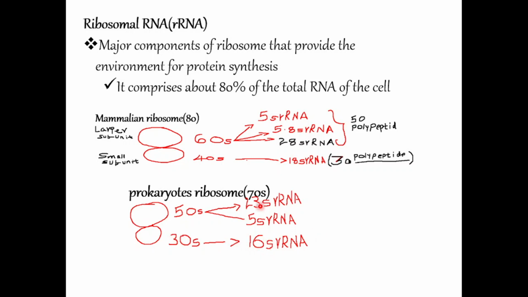Actually, this 16S is very important for research purposes nowadays, because 16S ribosomal RNA has conserved regions and hypervariable regions. When I say conserved region, it is the region which is similar from generation to generation.